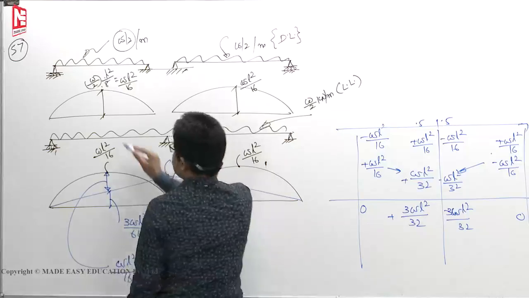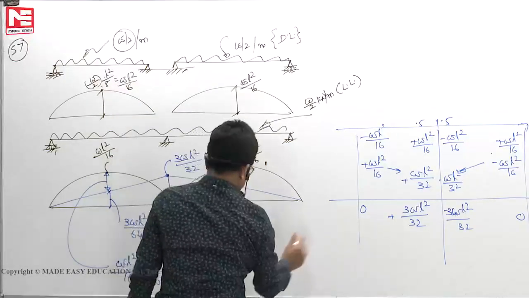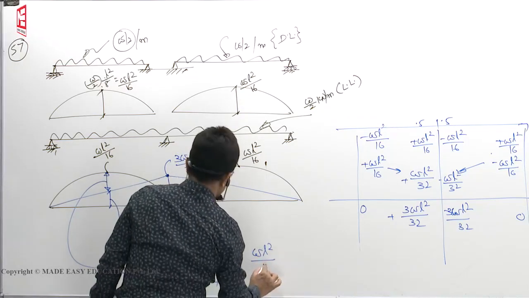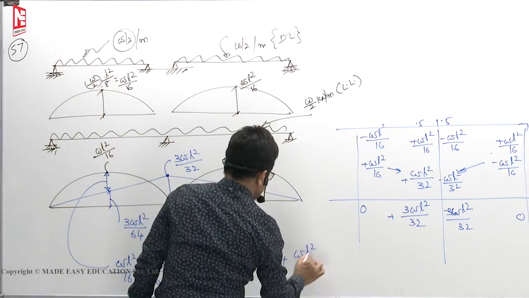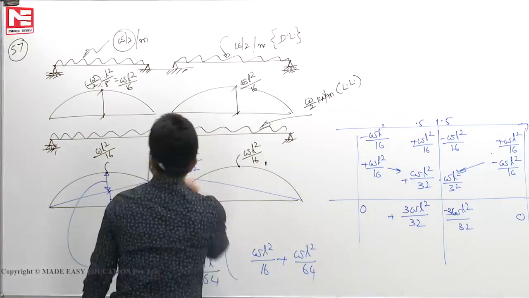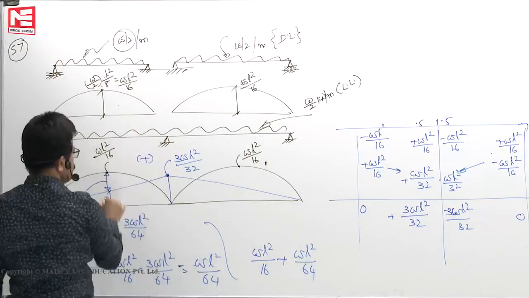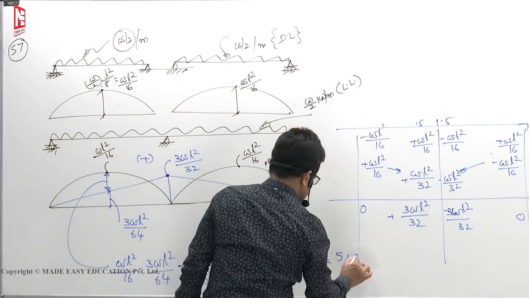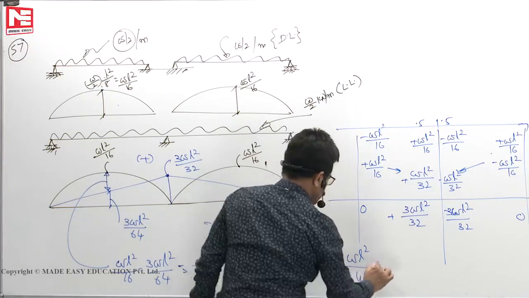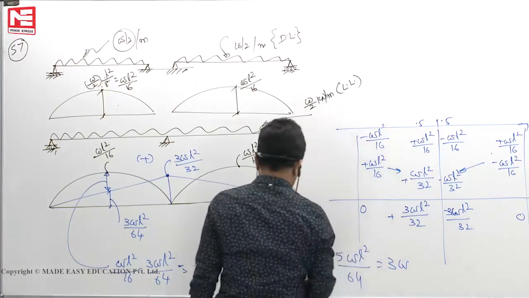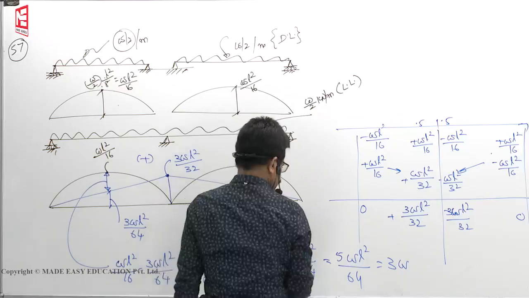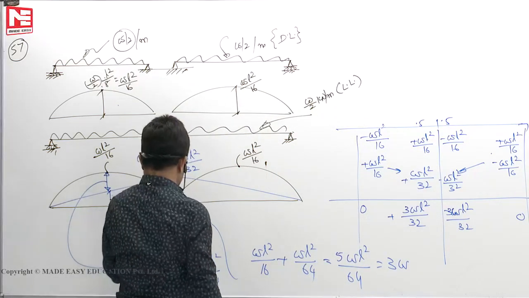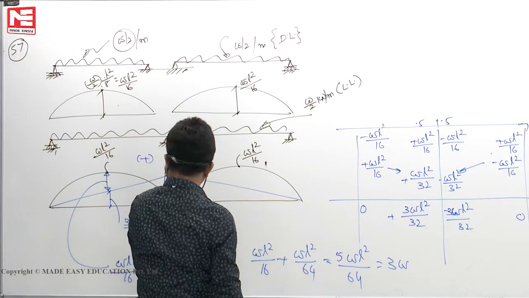Now the net value at midspan, how much is that value? Net value WL square by 16 plus WL square by 64. Now we are adding this plus this. 64 common, 4 plus 1, 5. 5 WL square by 64. In other words, something we missed.